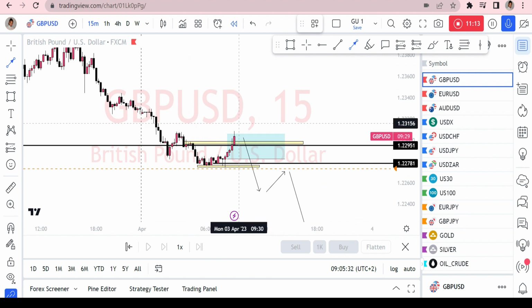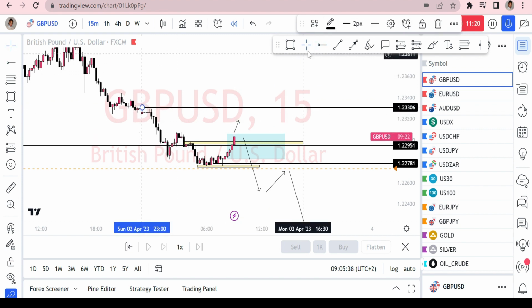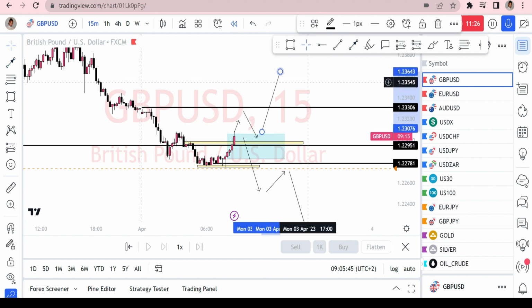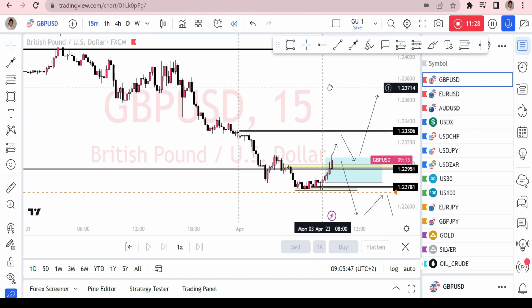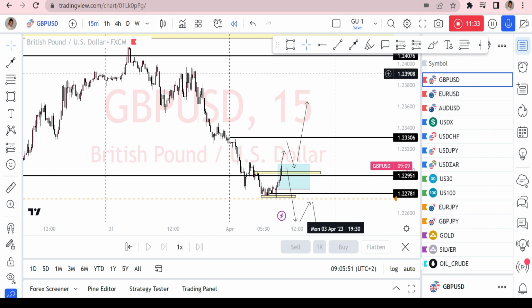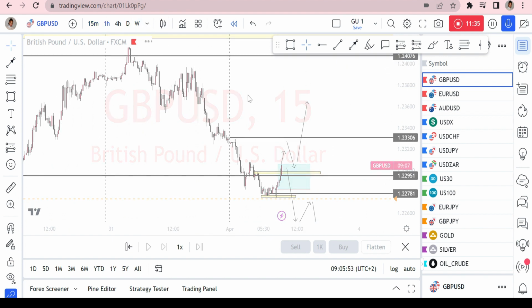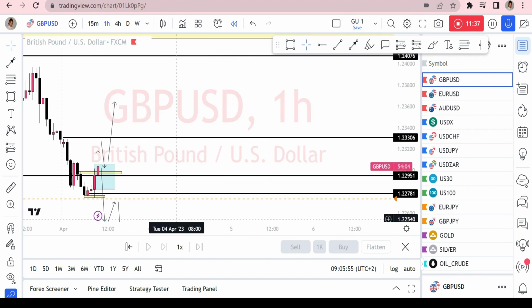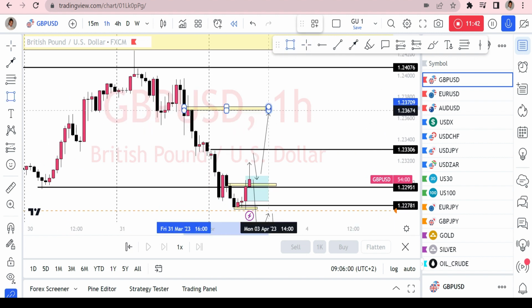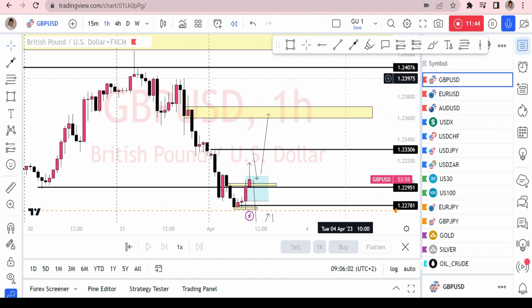Market could come up to somewhere, could be here, and then retrace here, retest or retrace, and then go up, break some more, coming to the previous highs, order block, which will be more visible on the 1 hour. Yeah, here, perfect area here.